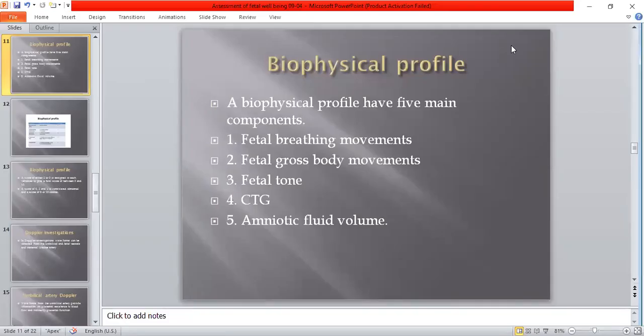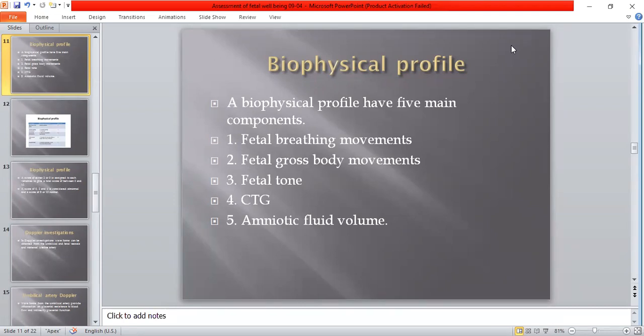To refine the role of CTG, other fetal parameters are used for assessment of fetal well-being, and an overall score is obtained to define whether the fetus is healthy or not. This uses five parameters, and it is called the biophysical profile.